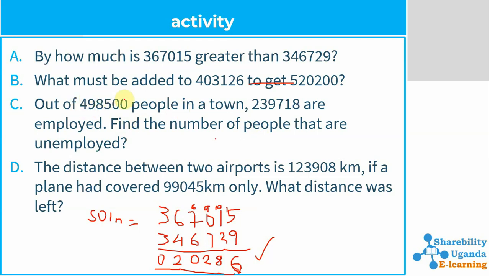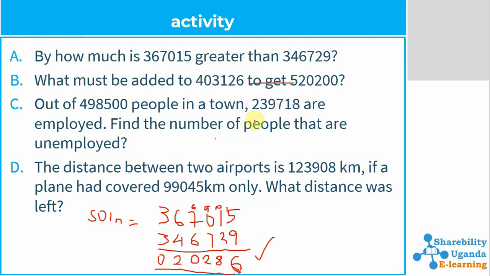So we get the total number of people in the town, then we subtract those who are employed. The total number of people is 498,500, and those who are employed are 239,718.